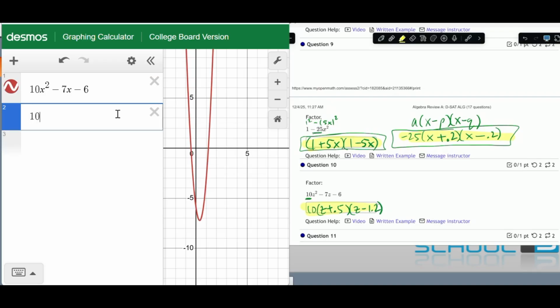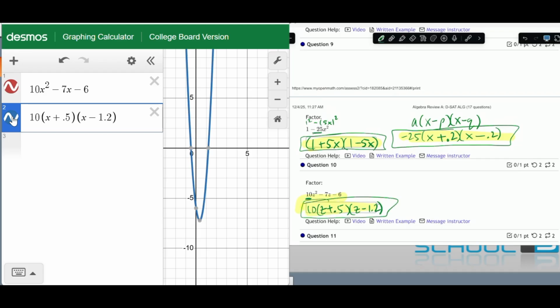I'm just going to type that in, 10 times, remember, use x's, plus 0.5 and x minus 1.2. Are these the same graphs? Yeah, I toggle on and off. It's the exact same thing. And so I can confirm that yes, in fact, that is a correct answer.